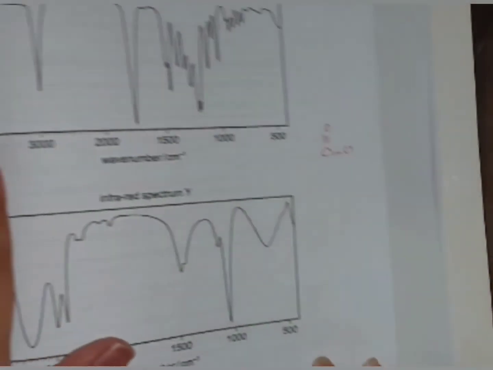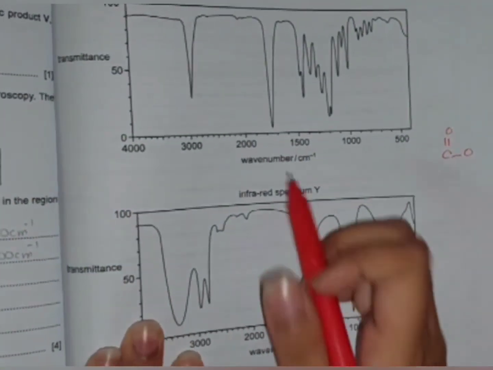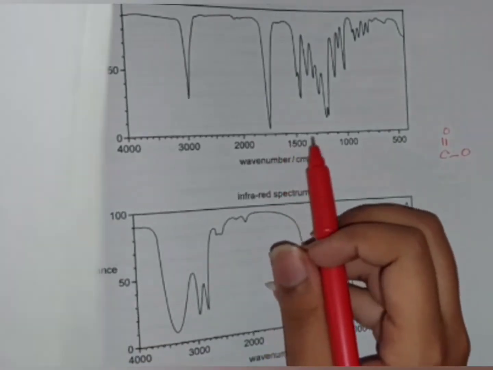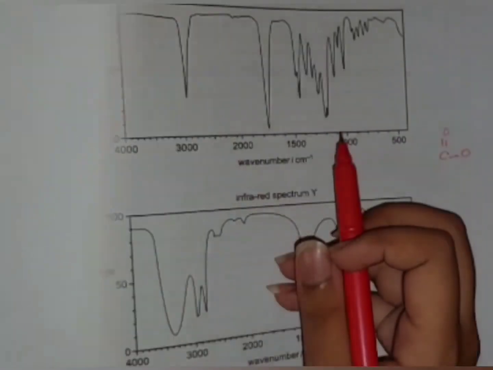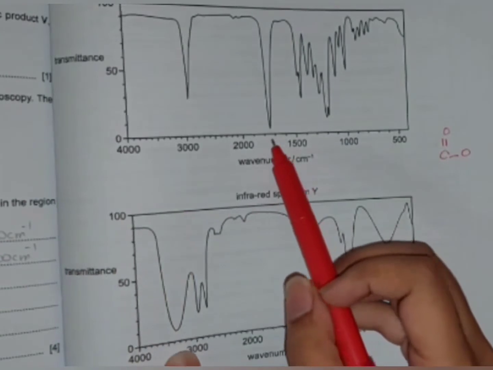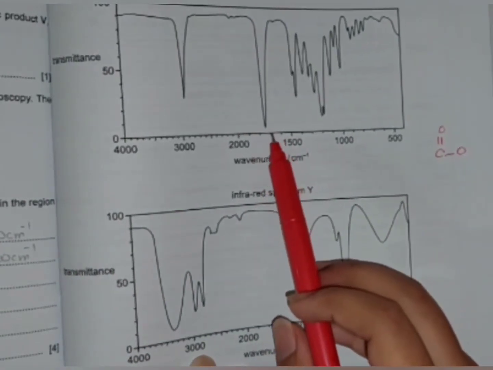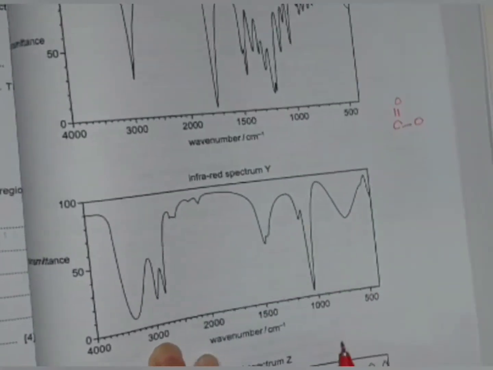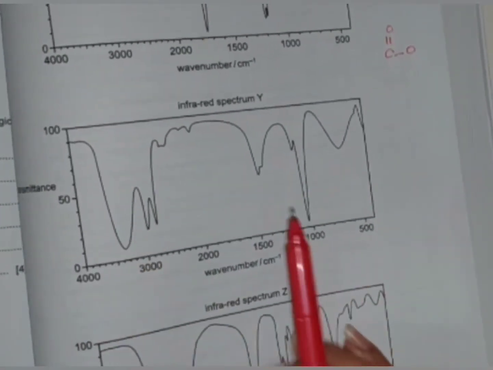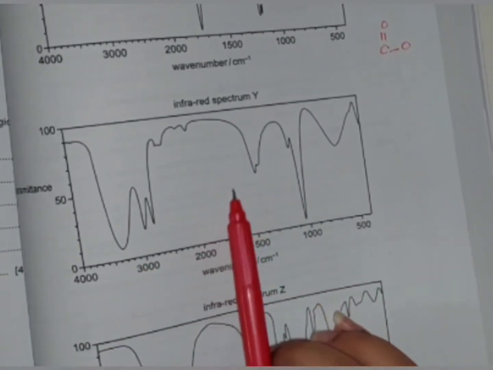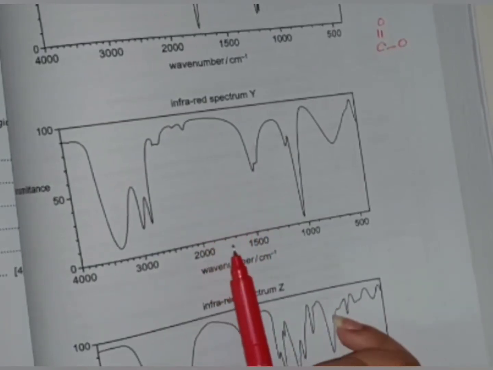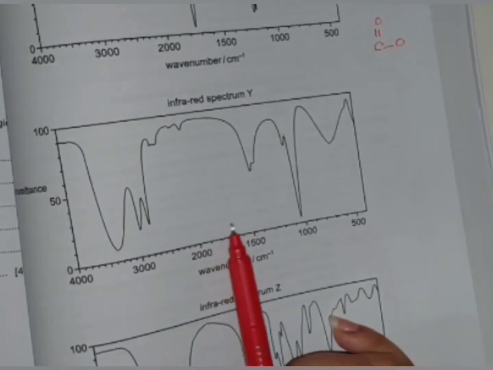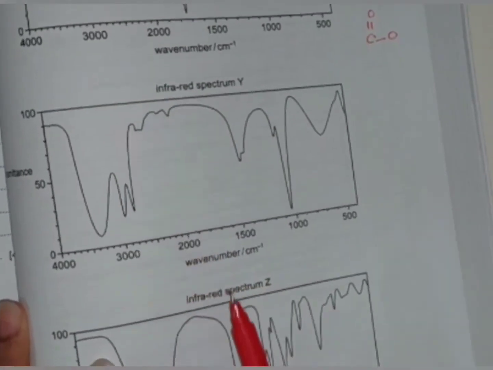So now you look at all the data given here. Is it 1710 to 1750? Yes, you can say, but let's look at all of them. Here, there is no absorption in the range of 1710 to 1750, so this is definitely not the answer.